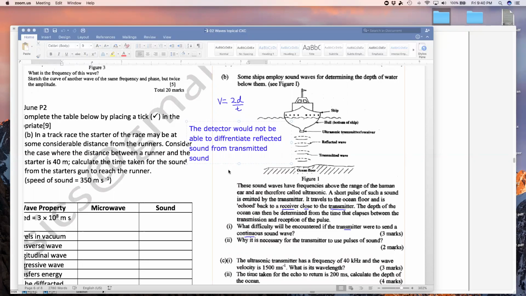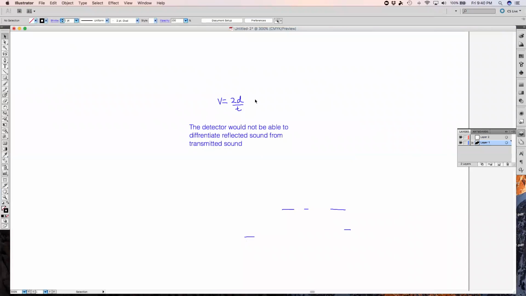Think of it as you standing with a wall in front of you, and you send out a sound.